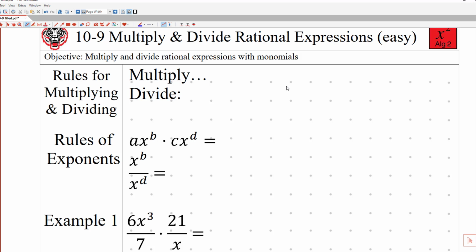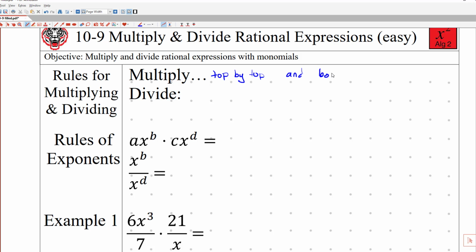So, rules for multiplying and dividing. Whenever you multiply fractions, you're just going to multiply numerator by numerator, or more simply, the top by top, and bottom by bottom.